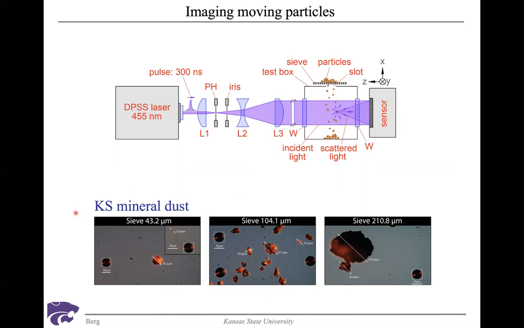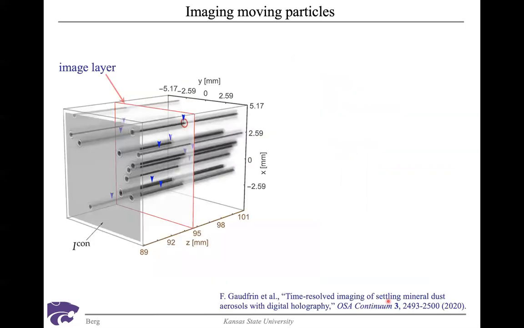Down here is just showing you some of the dust particle shapes. They're fairly big in this case. Applying the Fresnel-Kirchhoff diffraction integral to each hologram frame in the movie, the sequence of frames that is, we can run the reconstruction algorithm through the 3-dimensional volume of that plastic box.